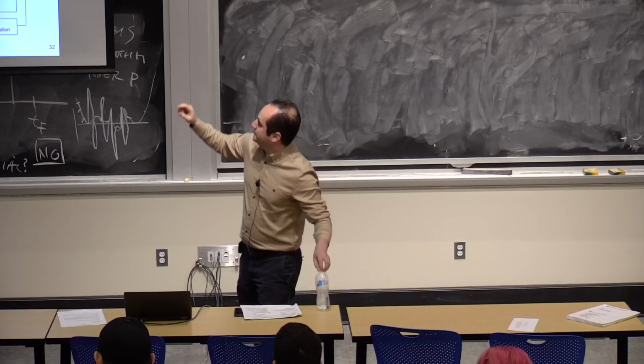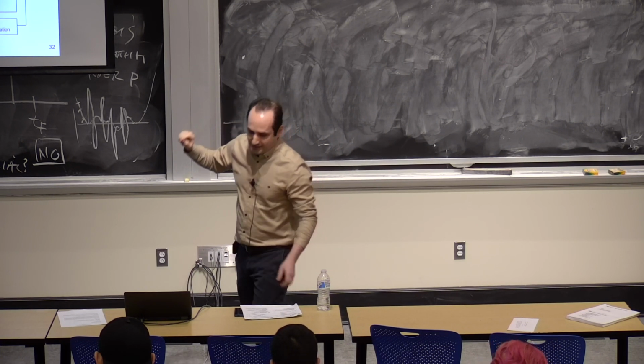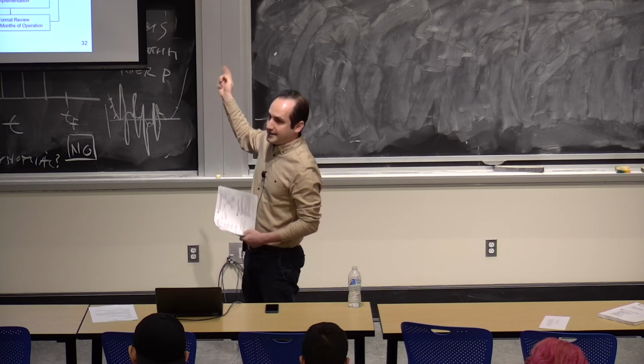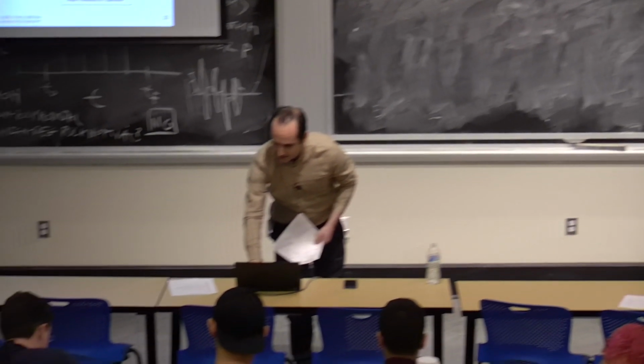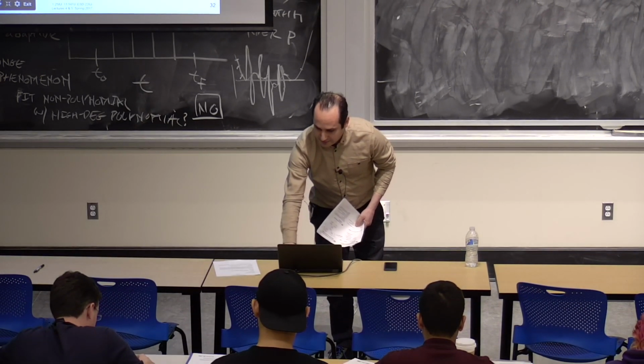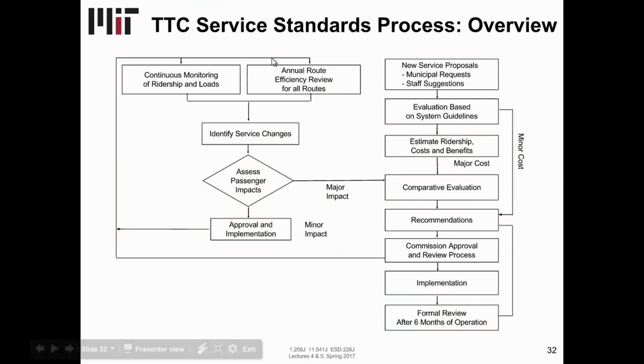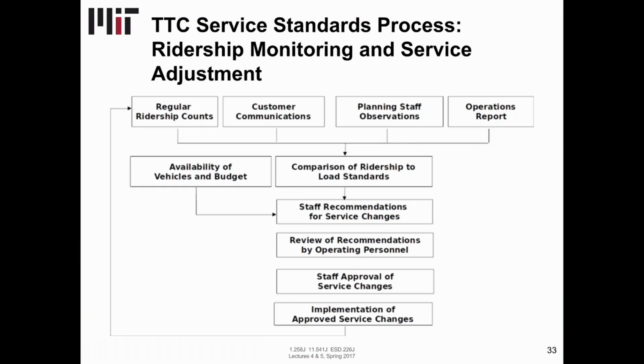We'll get to the two main streams on changes to the existing service in the next and second next slide. Right now, the first slide is dealing with the continuous monitoring of the system that transit agency staff regularly do.